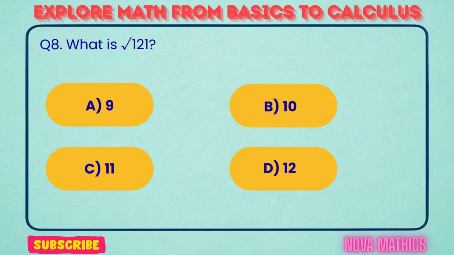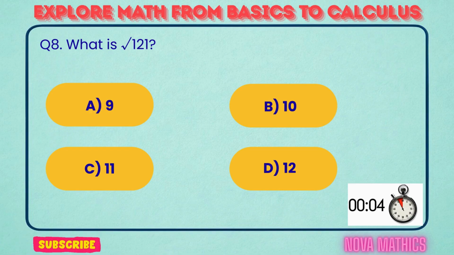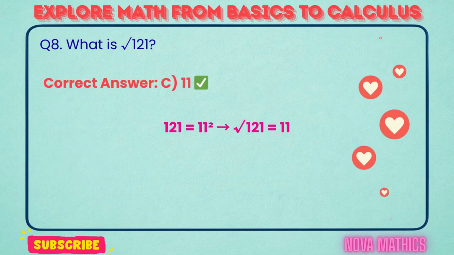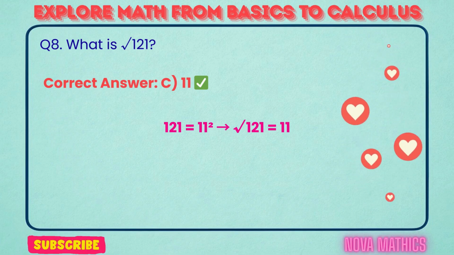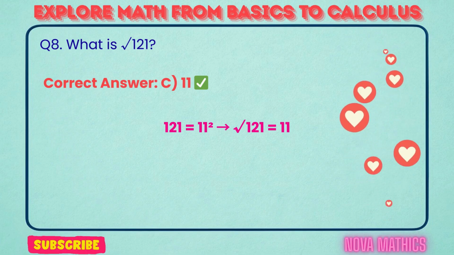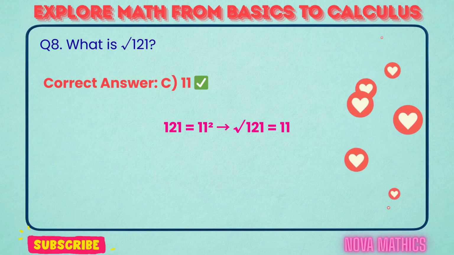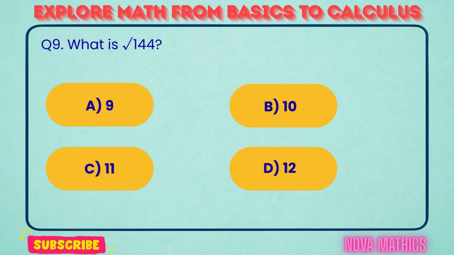8. What is the square root of 121? Correct answer is 11. 11 squared is 121, so the root is 11. 9.